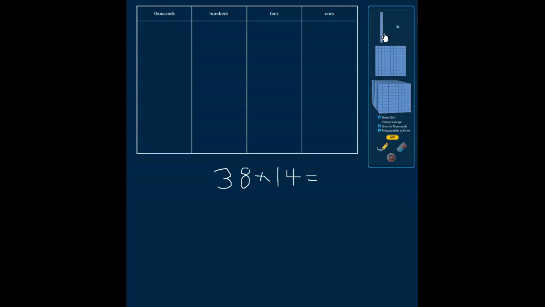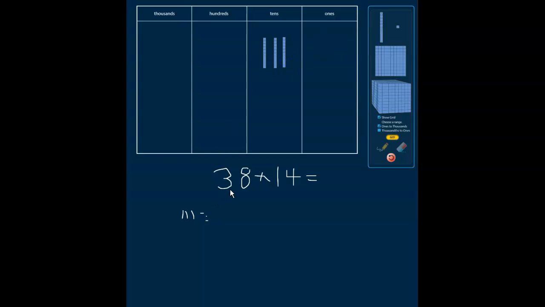I then am going to take my models, and if you don't have models at home, you can always draw quick picks. You know, you could draw quick picks to show tens and ones, right? But for this, I do have models, so I'm going to go ahead and drag them over. My 3 tens, right?